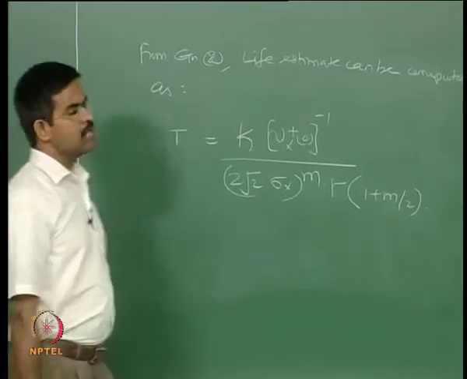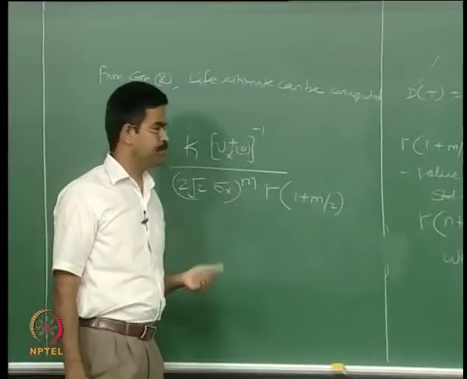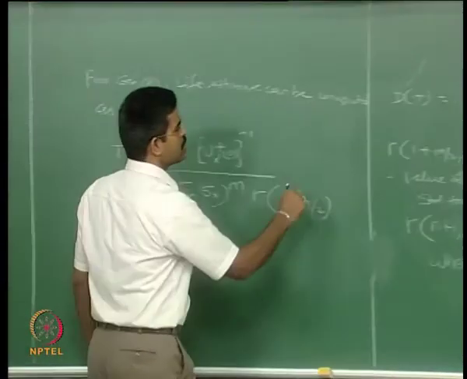That is, in this equation I substitute D of t as unity, that is the damage. I call this equation number 9.